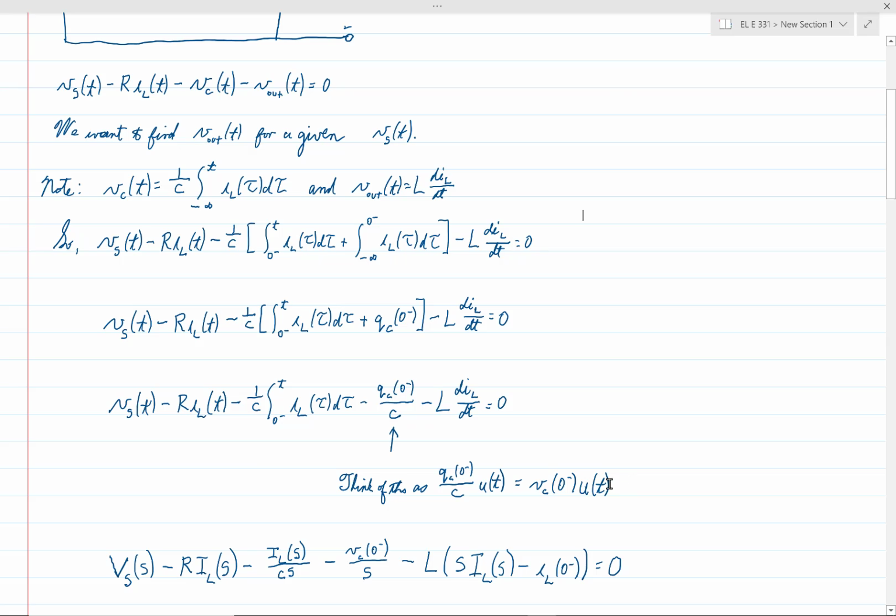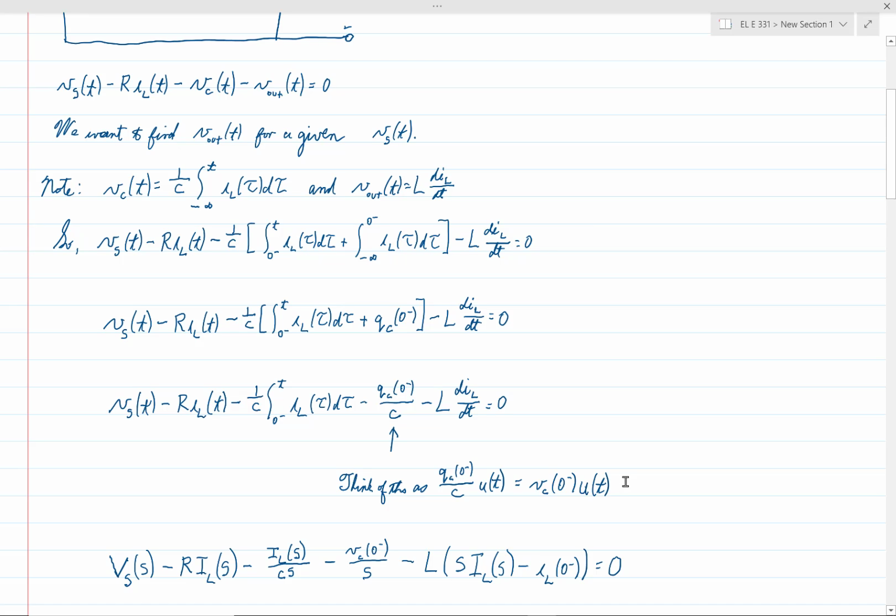And then we multiply that by u of t, because VC is a constant, equal to that for all time, and u of t is constant and equal to 1 for t greater than 0.